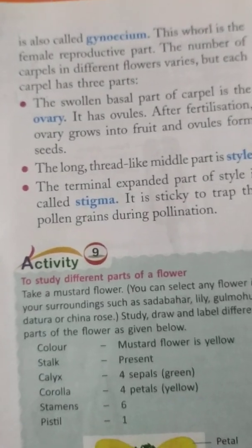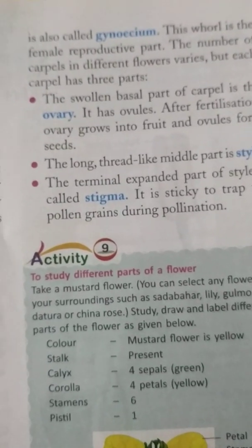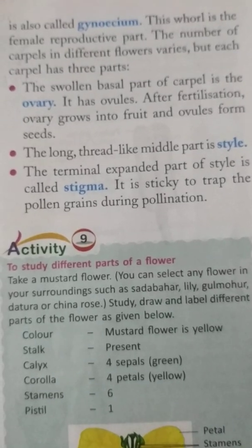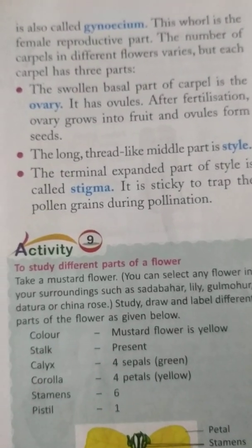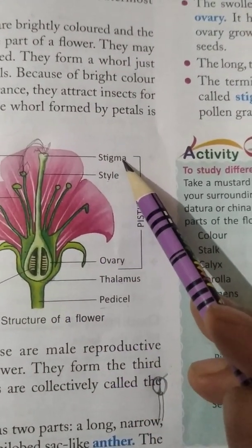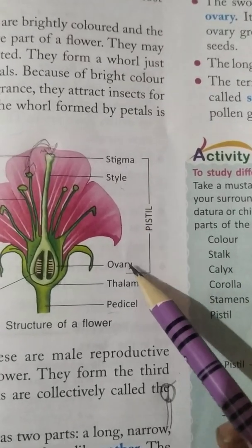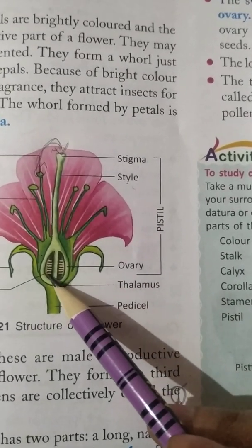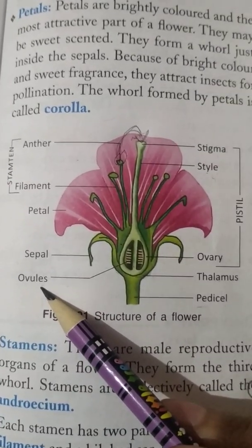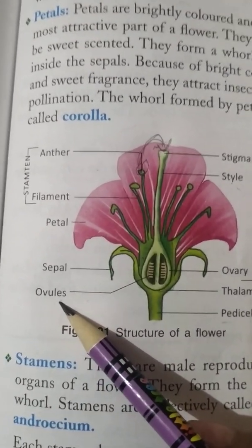This whorl is the female reproductive part. The number of carpels in different flowers varies, but each carpel has three parts, that is stigma, style and ovary, and inside the ovary these bead-like structures are present, called ovules. So ovules are the female gametes.